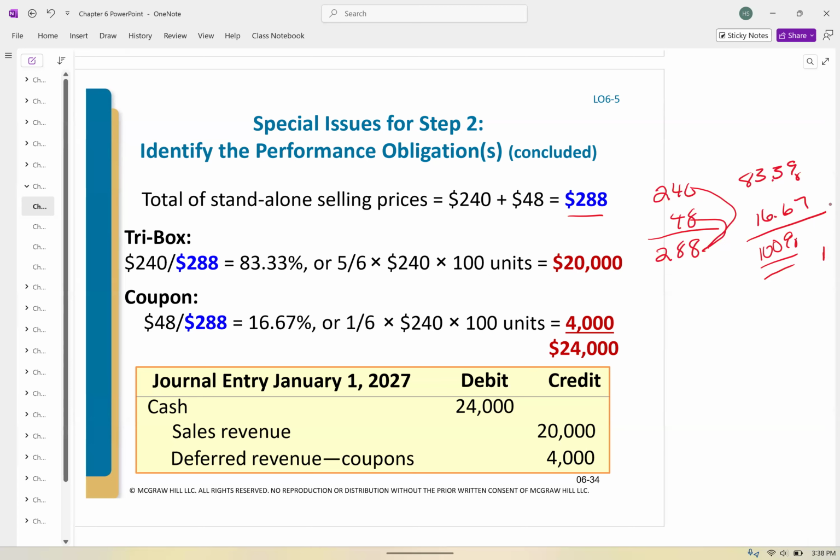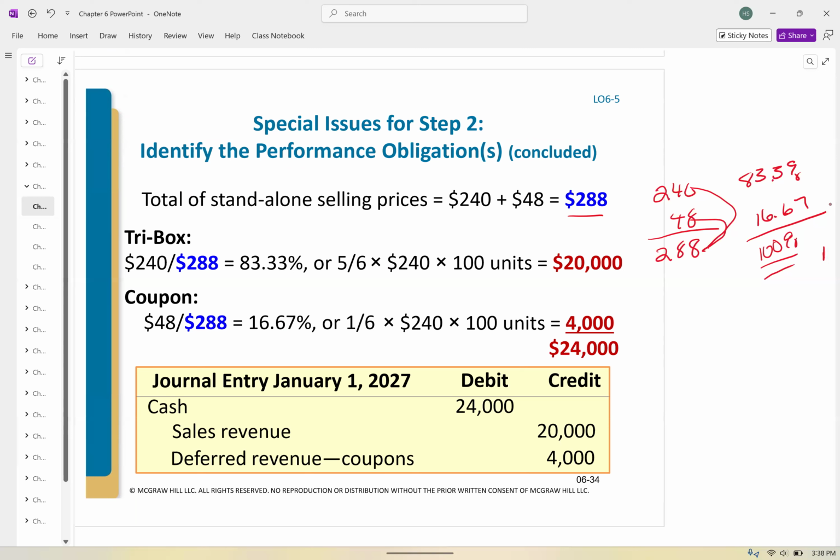Okay, so right here at TriBox, we're going to take that 240, multiply it times 100 units to give us $24,000. The coupon, which we've already calculated, multiplied times the 100 units gives us 4,800. So we have our total 24,000, 4,800, and 28,800.